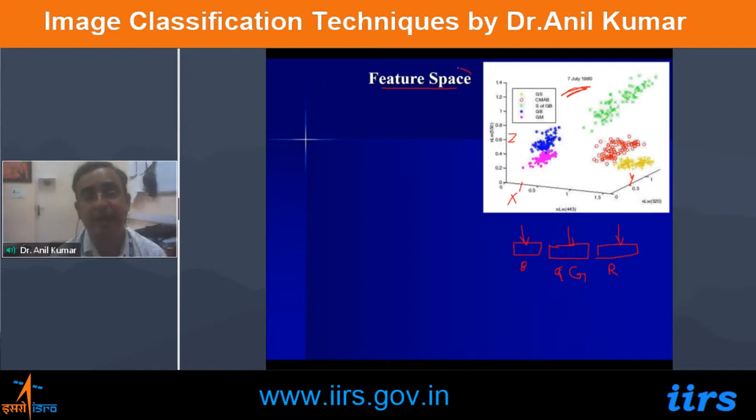It is a space, and these bands are called features. In the literature, band means feature, or dimensionality of the data, and the space is the area where we are plotting these pixels. And if you connect these dots with the origin, that is called a feature vector. So this is your feature vector.